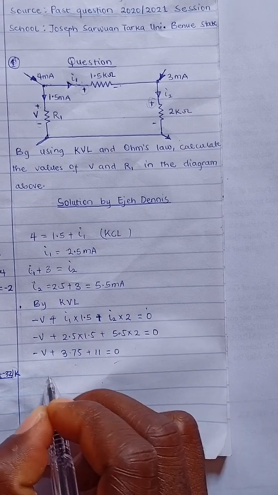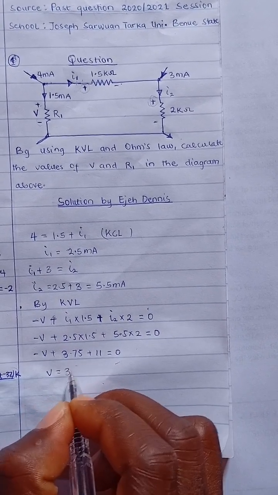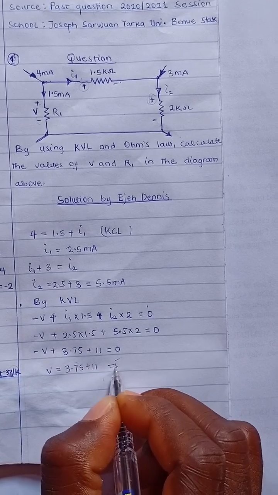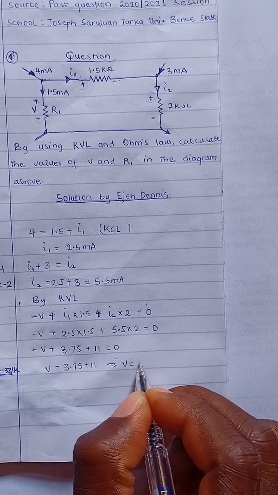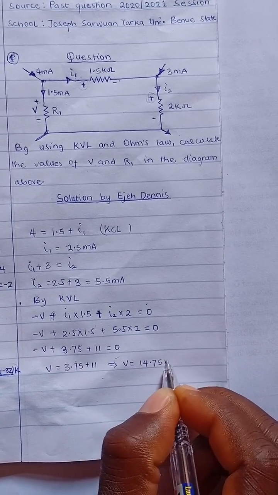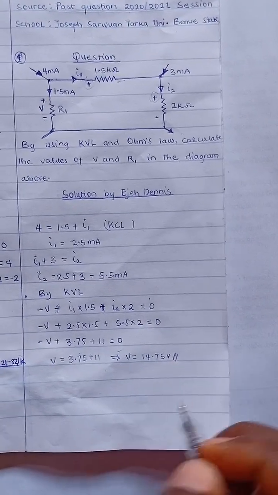Everything is equal to 0. So make V the subject of the formula. V would be equal to 3.75 plus 11. So from here we get that V is equal to 14.75 volts. So that's one of our solutions.